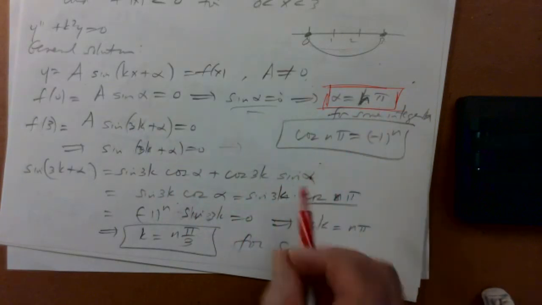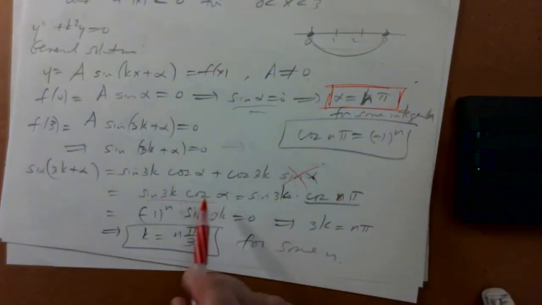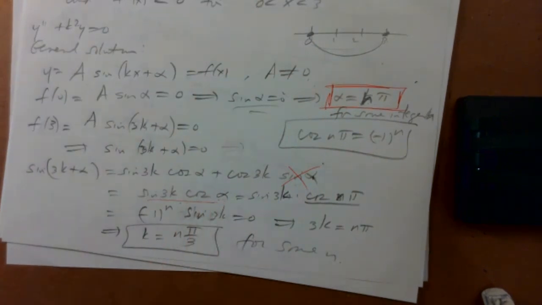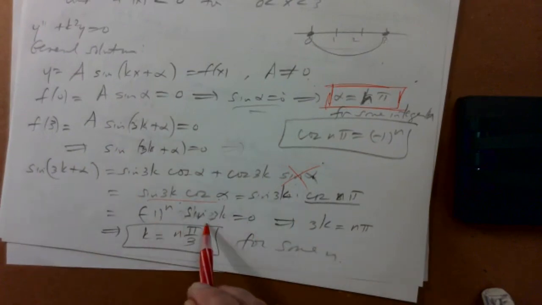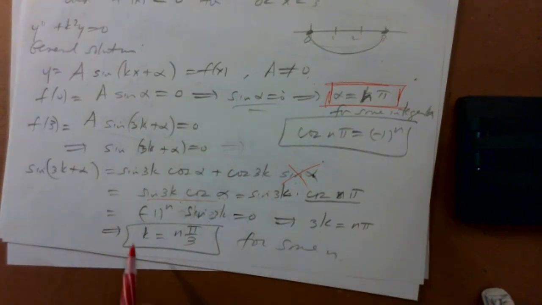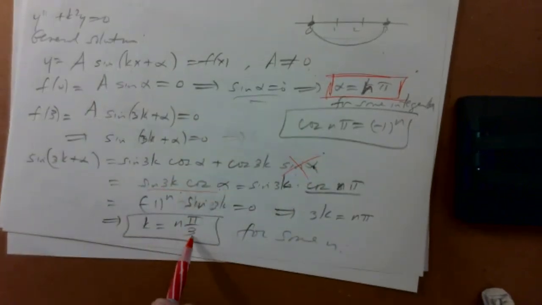But alpha is a multiple of pi, so sine of alpha is 0. So we just get this. And alpha is n times pi, so the cosine is minus 1 to the n. So the sine of 3k times plus or minus 1 is 0. So the sine of 3k has to be 0. So 3k is also a multiple of pi. So my frequency k is a multiple of pi over 3. Now, what can it be?